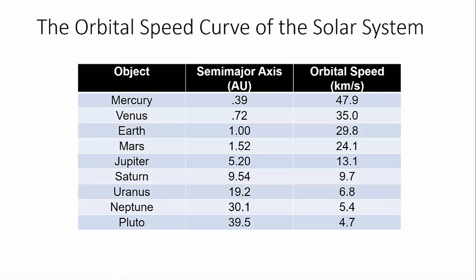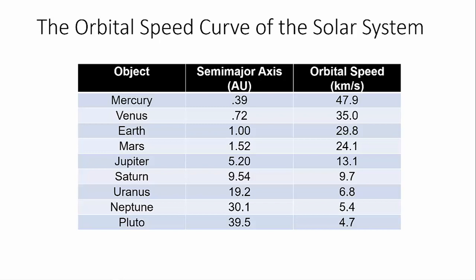If you ever wonder why Jupiter takes so long to orbit the sun, it takes about 11.9 years, you have to say there are 2 reasons. One, its semi-major axis is 5.2 times as large as Earth's orbit. That means it has to travel, because the circumference is proportional to the semi-major axis, about 5.2 times as far in its orbit.